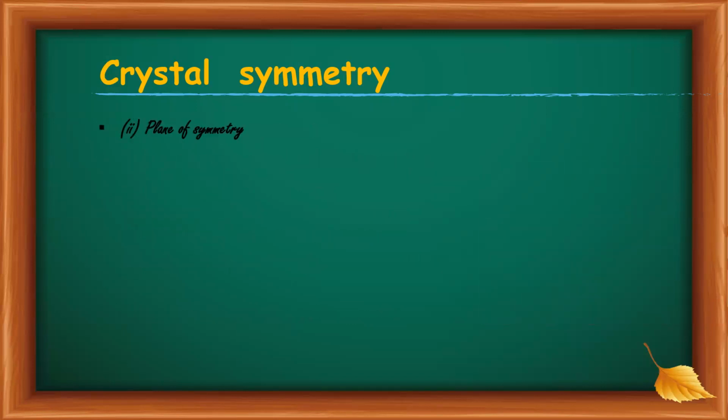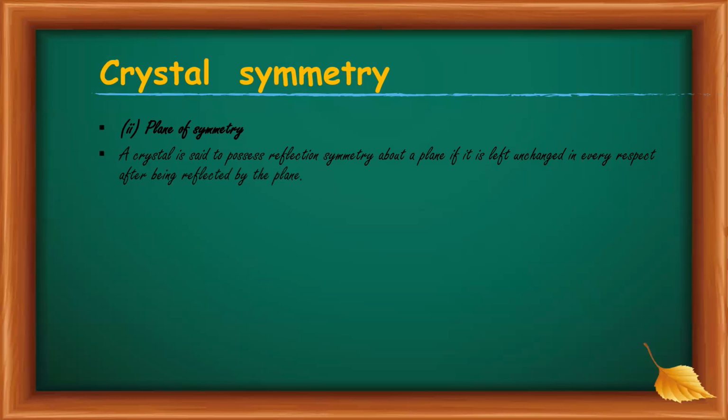Next is plane of symmetry. A crystal is said to possess reflection symmetry about a plane.